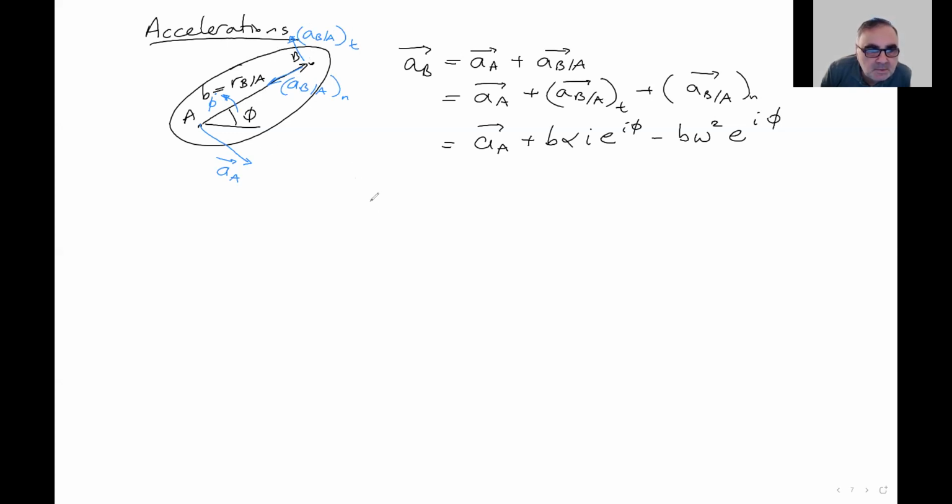Let's say this is AA. On tip of that, you have this, which has to be perpendicular to that.